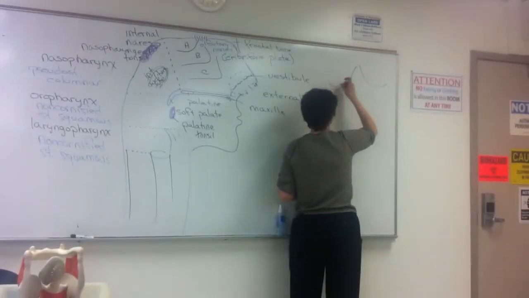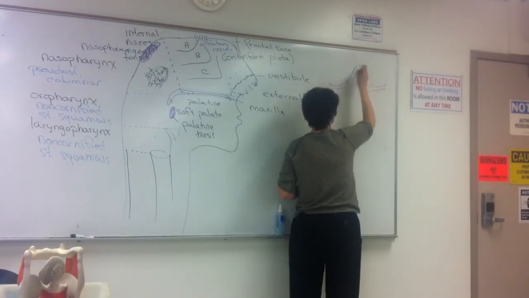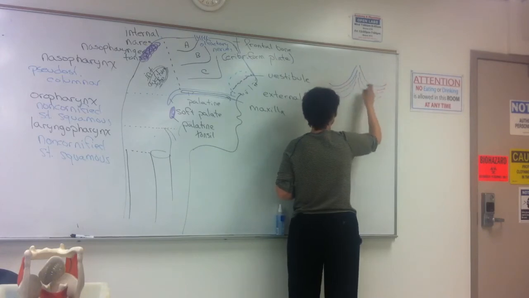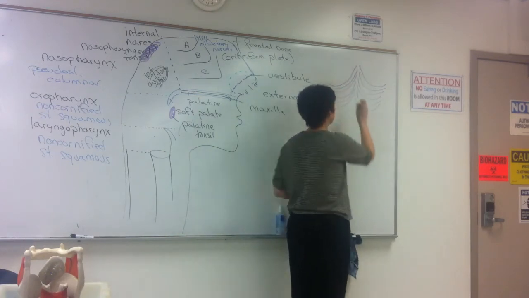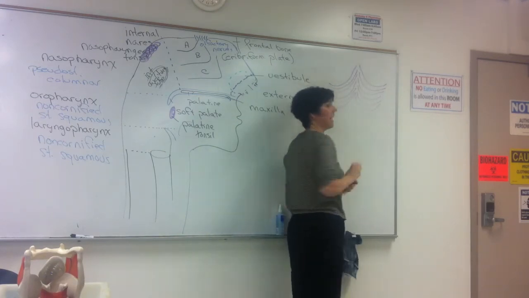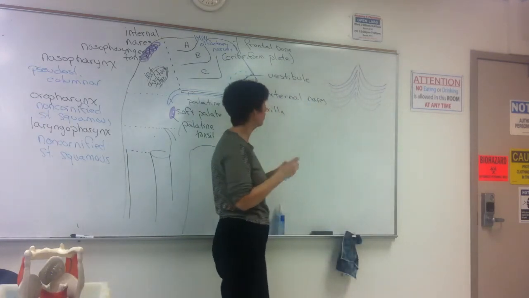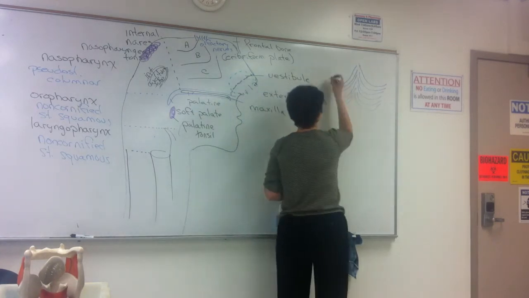There are two. So that raphe would be that blend of connective tissue right down the middle. Okay, so that's the superior constrictor.